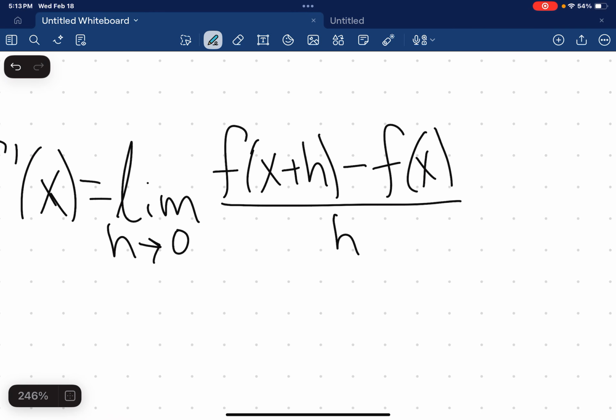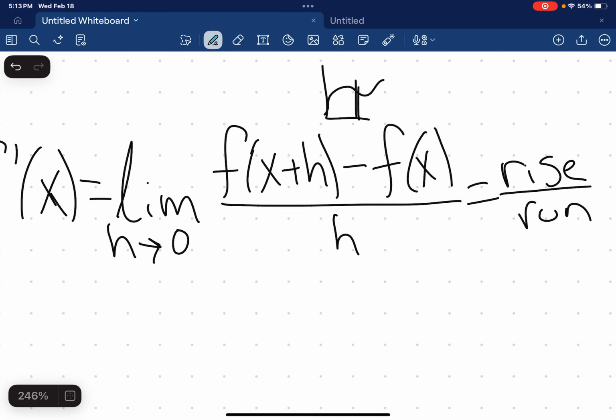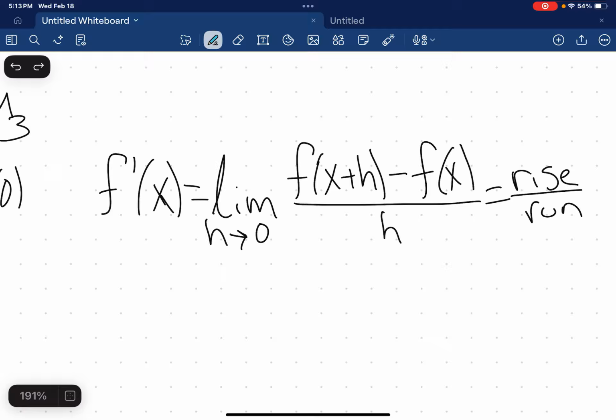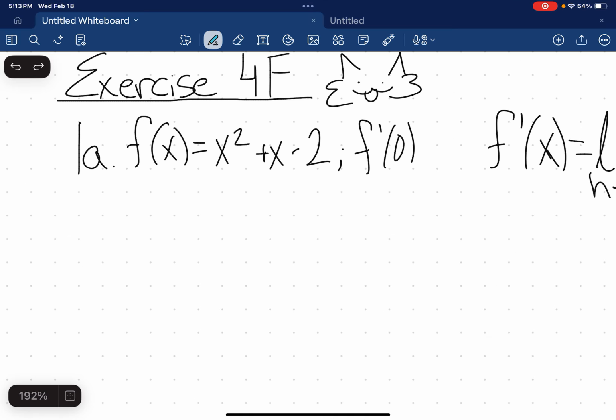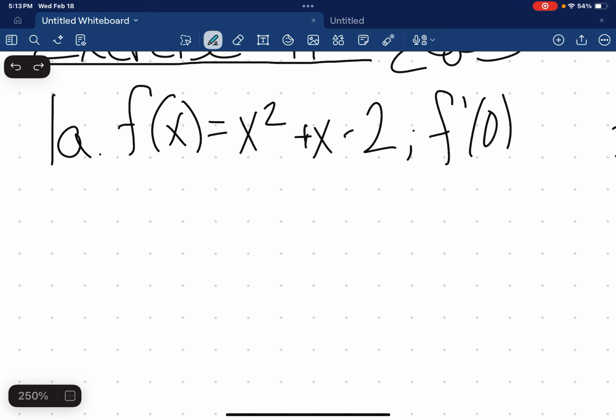Now this comes from the whole rise over run, where our rise is just going to be this little small area that's left behind whenever we get closer and closer, and the run is obviously just going to be h. Okay, so that's where that comes from, and we need to plug x plus h into here so we can actually get that going. So let's first start off by finding f of x plus h.